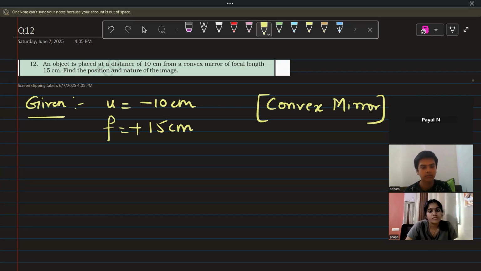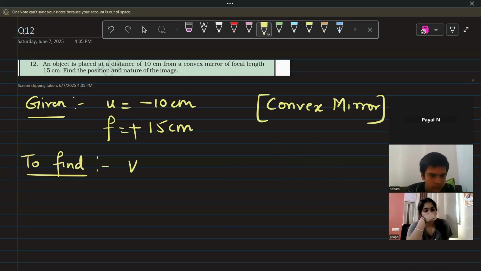Remember, concave में minus होगा focal length because convex में इधर होगा f और concave में इधर होगा left hand side में. Okay? Now then, what are you supposed to find out? Position का मतलब p.